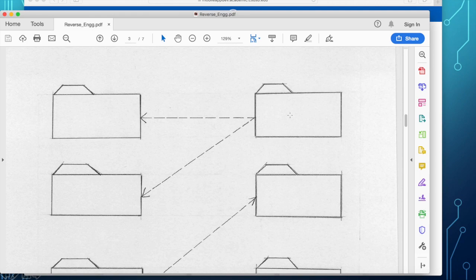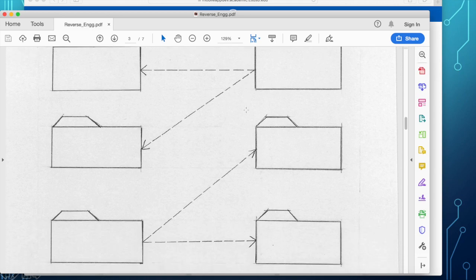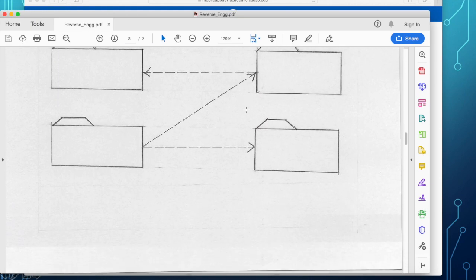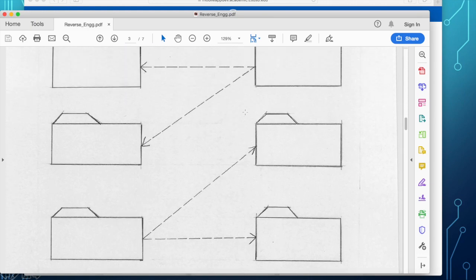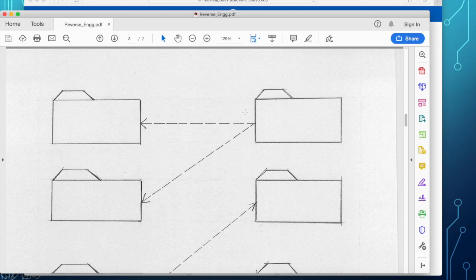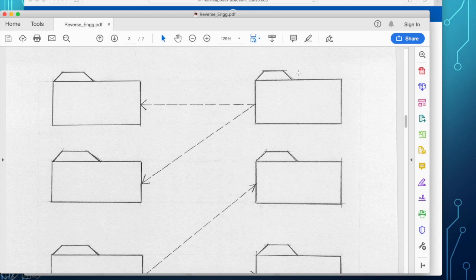So in this example, after I identify all the classes, I group them into packages. And how I group them is based on cohesion. So say for example, I determine 10 packages, groupings of all the classes, and I determine the interrelationship between these packages with each other.